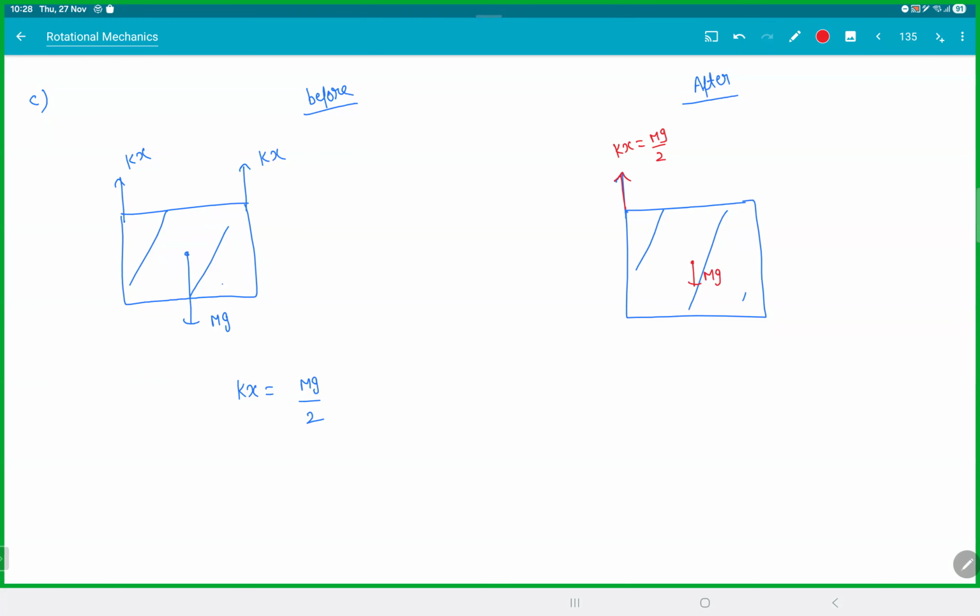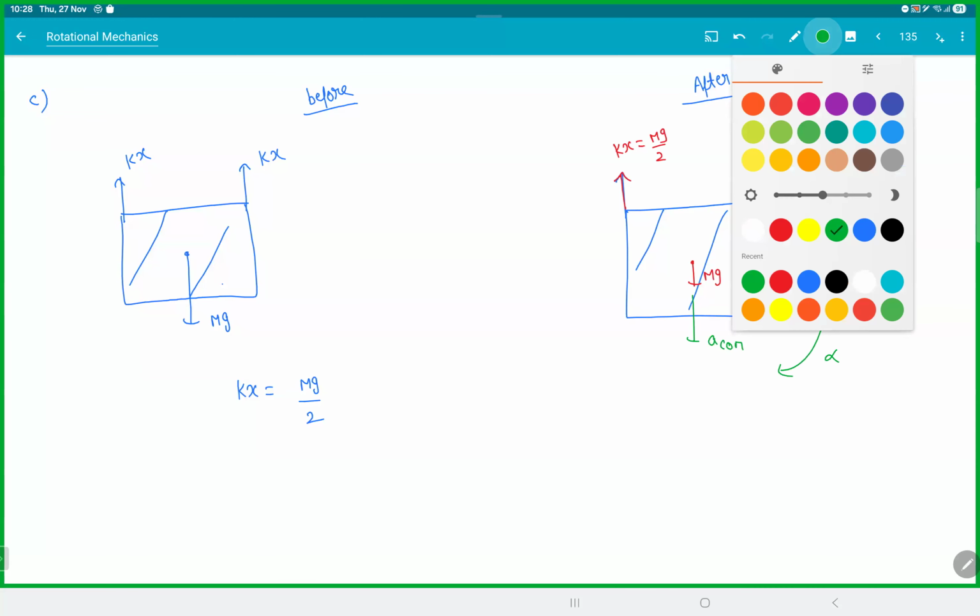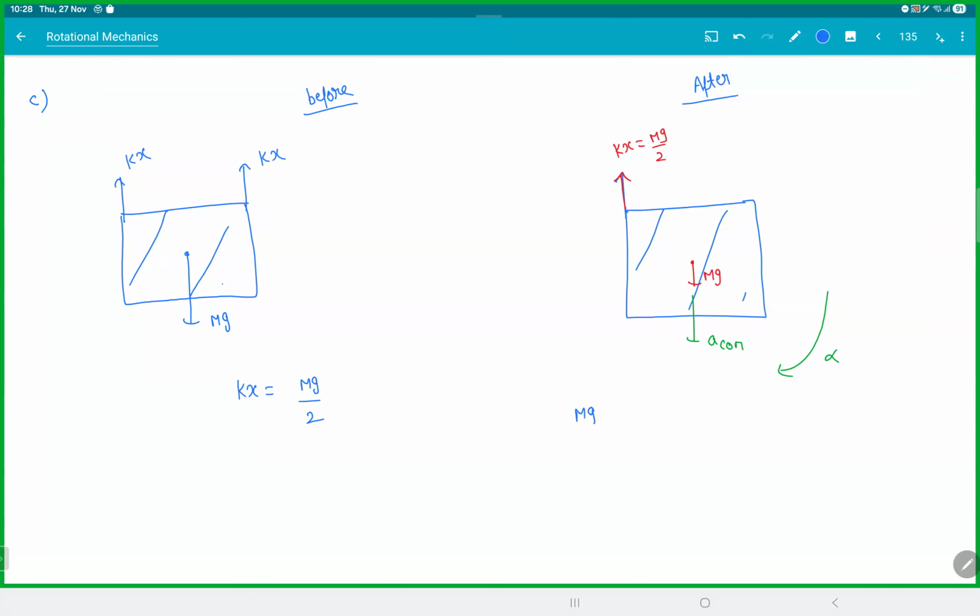And you can clearly see there are no horizontal forces, so center of mass has to go down. That's one important thing. If there are no forces in the horizontal direction, it will always go down. This is alpha. You can clearly see mg minus Kx is equal to m a COM. A COM is equal to g by 2.